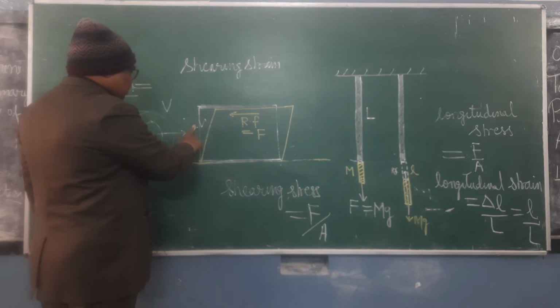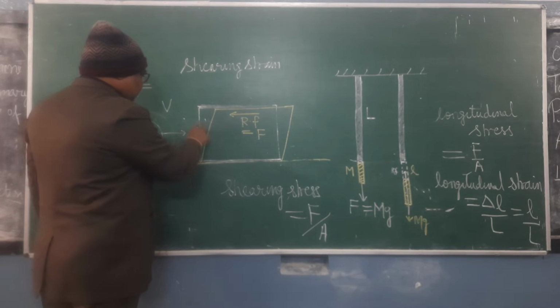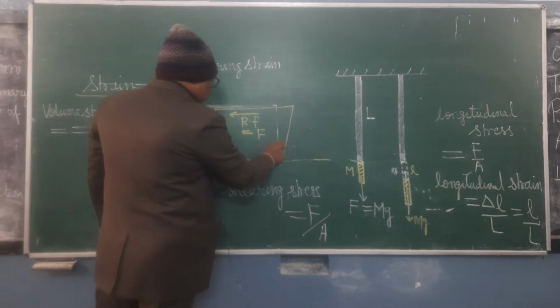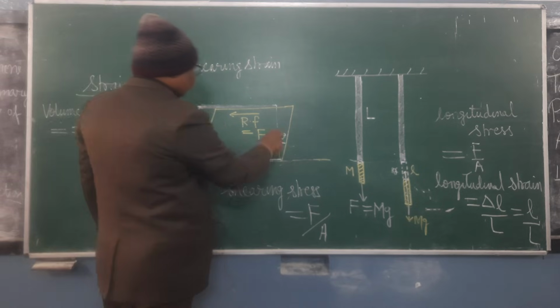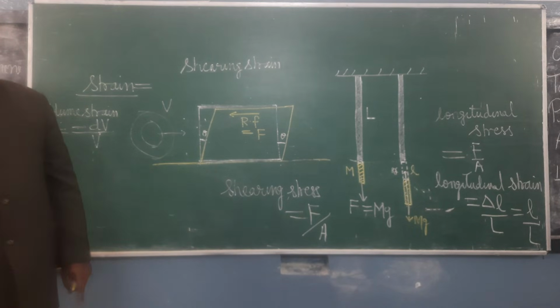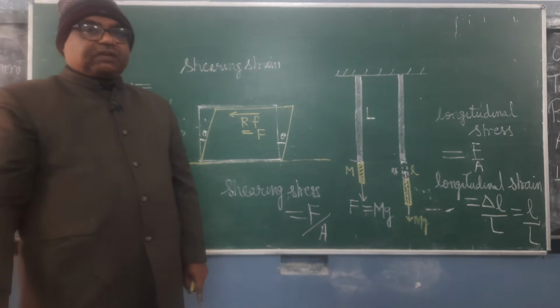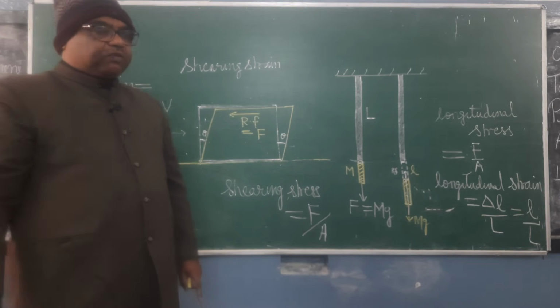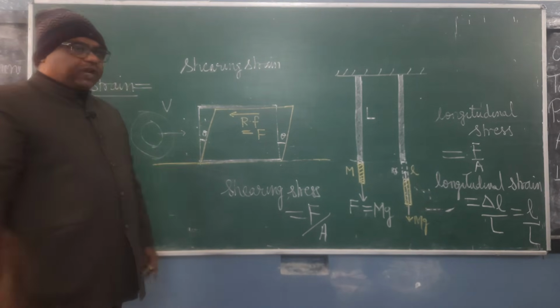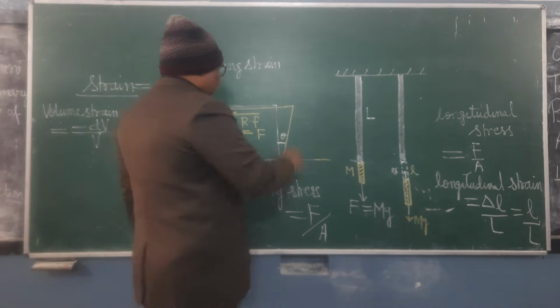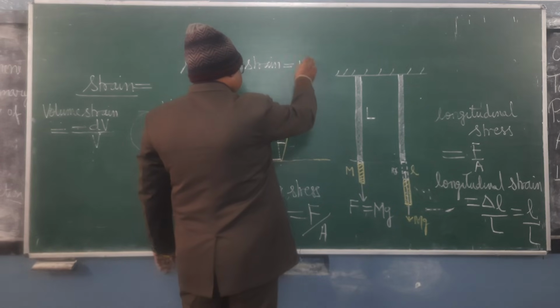This theta will be the measure of shearing strain. This theta by which the vertical wall tilts in the direction of the deforming force is the measure of shearing strain. Its usual value will be 3 to 4 degrees, not more than that. It will not be 10 or 20 degrees.